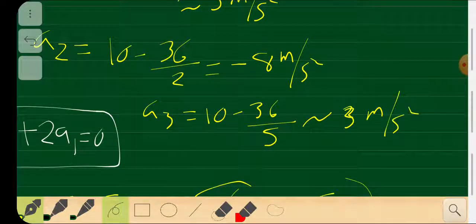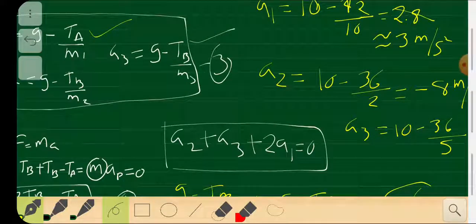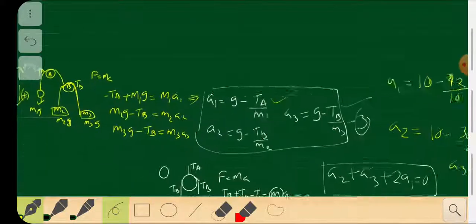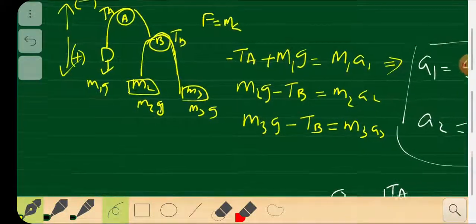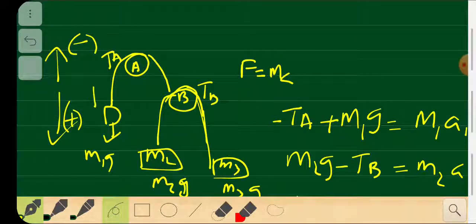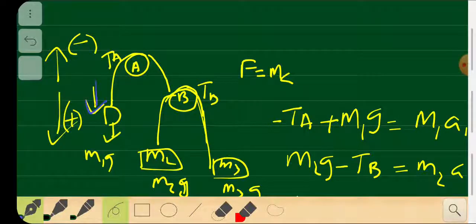So basically what you can see is that the numbers tell you a2 is negative, a3 is positive, and a1 is positive. So what that means is that this thing is going to go down, right? This thing with positive acceleration is going to go down, this thing with negative acceleration is going to go up, and this thing is going to go down. That's what's going to happen.